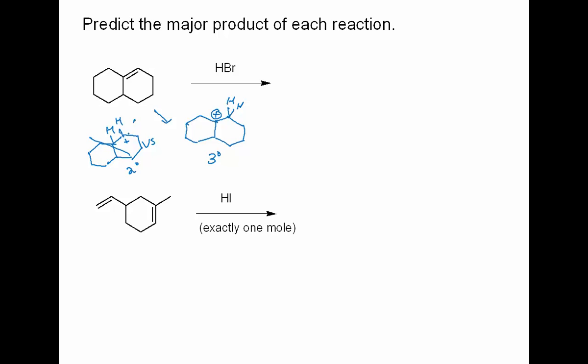Of course, it's not going to make this when it could make the other one, and bromine is going to come in later. Add right there, and that's the product that we predict.